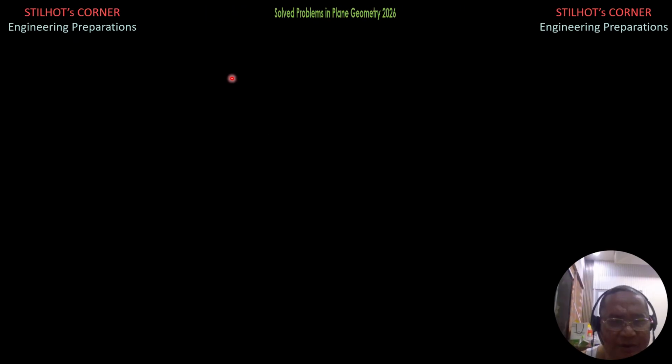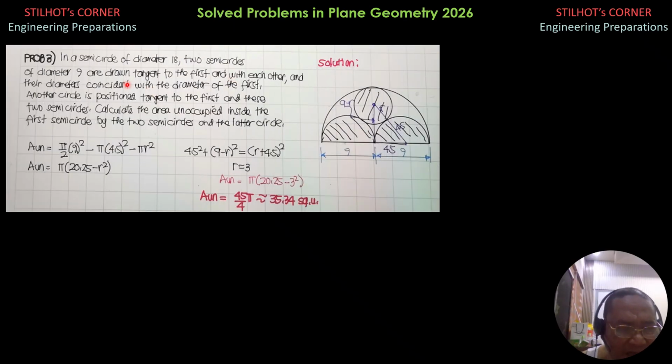So next, problem 3. In a semicircle of diameter 18 units, two semicircles of diameter 9 are drawn tangent to the first and with each other, and their diameters coincident with the diameter of the first.